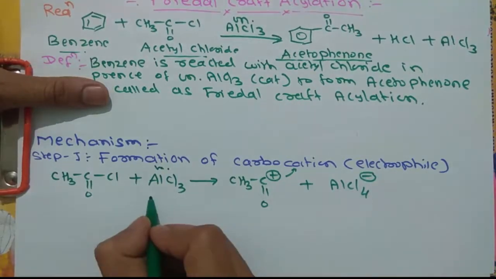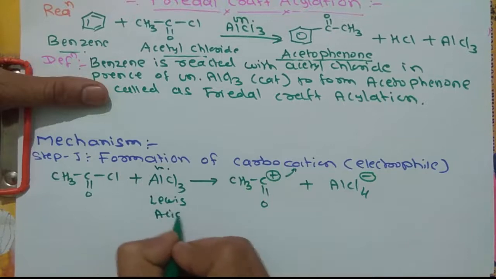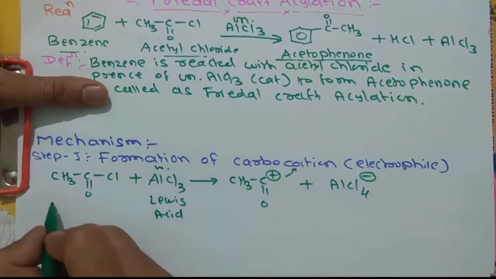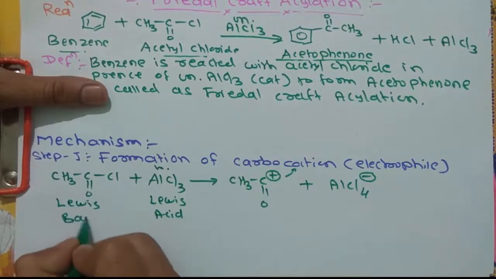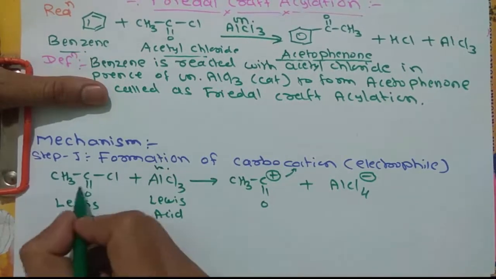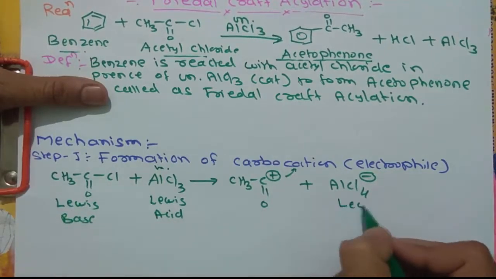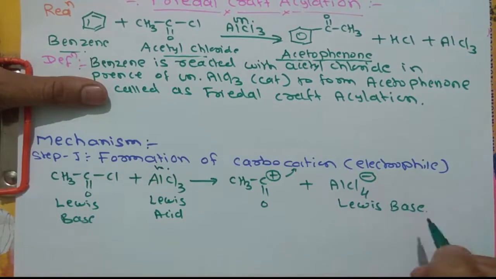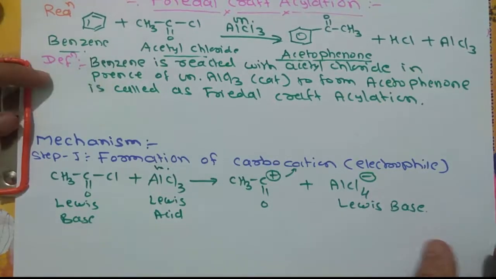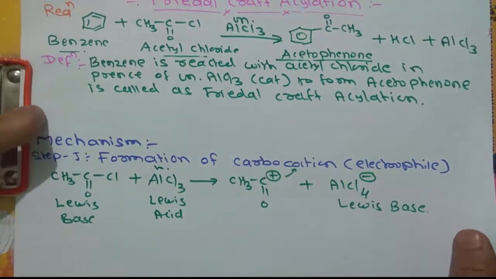Here, AlCl3 is called the Lewis acid, and acetyl chloride is the Lewis base. The carbocation is an electrophile. These are the different characters of the different regions during the reaction.